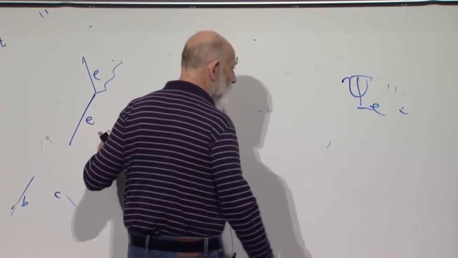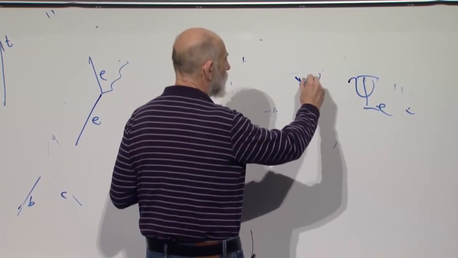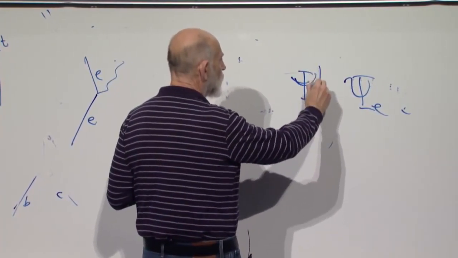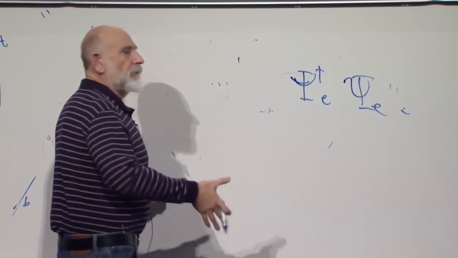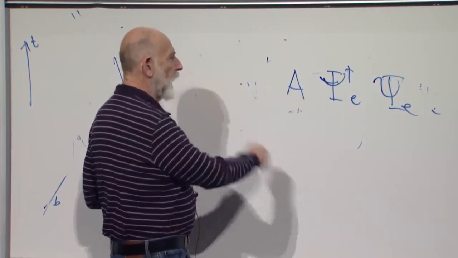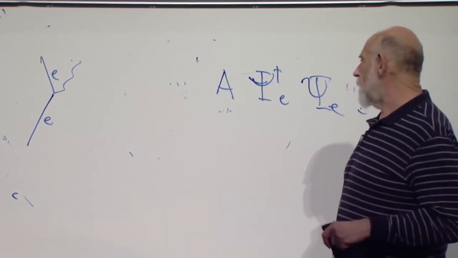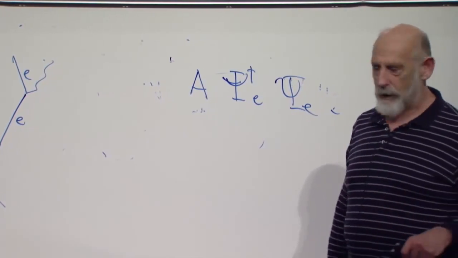Sorry, psi electron that annihilates an electron. Psi dagger creates an electron, and then a photon creation operator. The photon field is called A, all at the same point. So it absorbs an electron, creates an electron, and emits a photon.